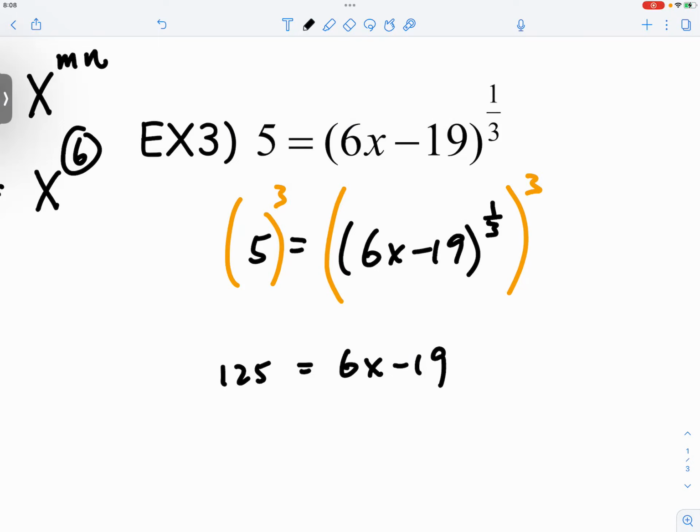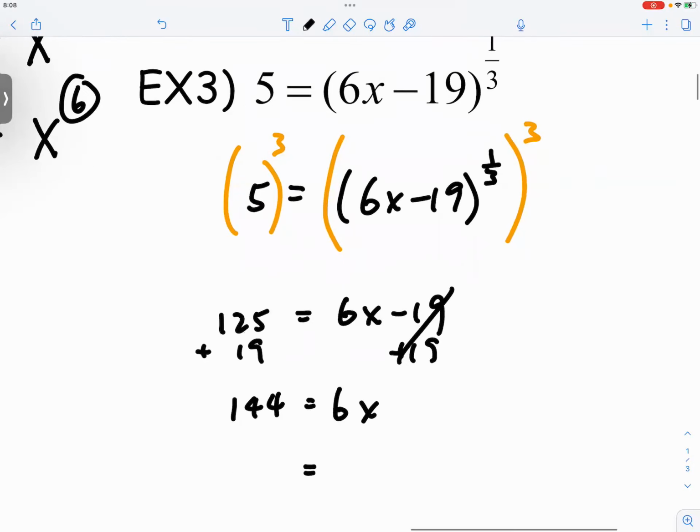You're going to see fractions in the exponent position all the time, so I don't want you to feel too surprised by what you're seeing right here at the moment. So 6x is equal to 144, and therefore x is equal to 24. It's fairly straightforward.